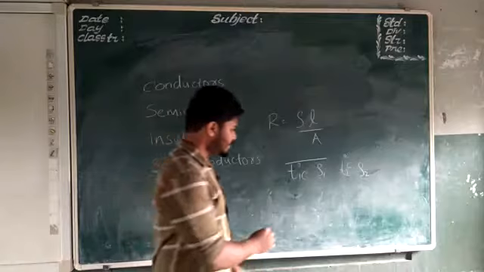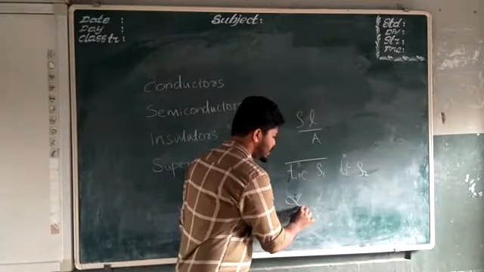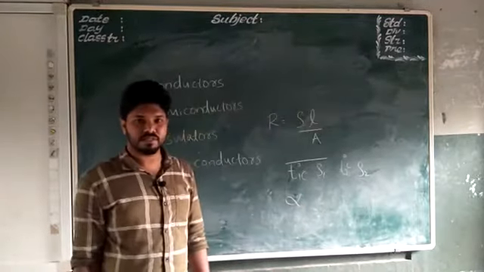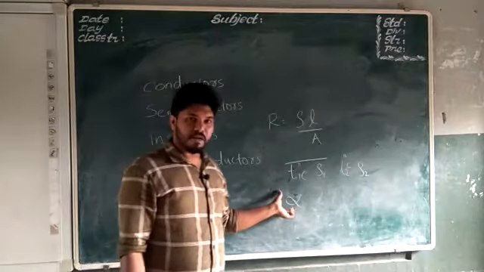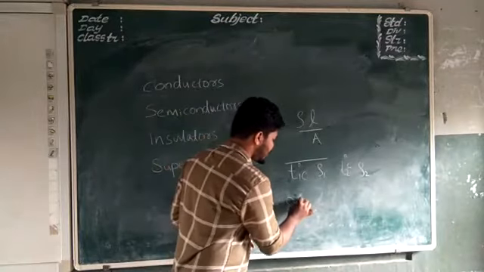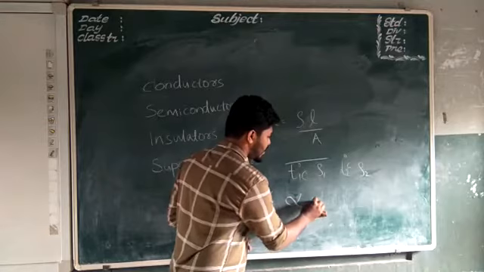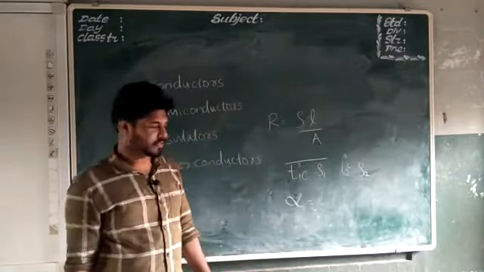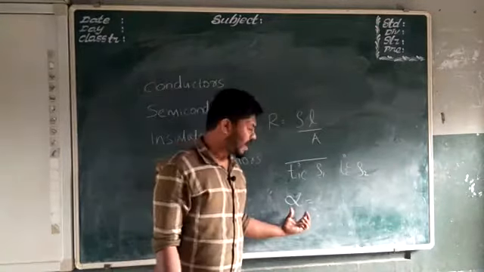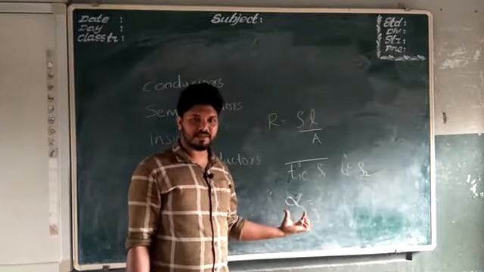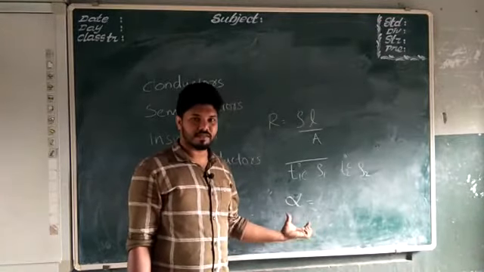So there is a factor called the temperature coefficient of resistivity. It's alpha, a new symbol for you, alpha. So alpha is called the temperature coefficient of resistivity.